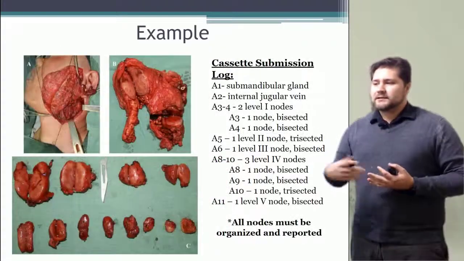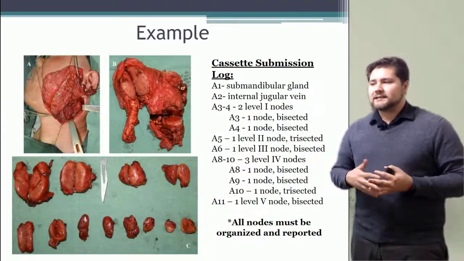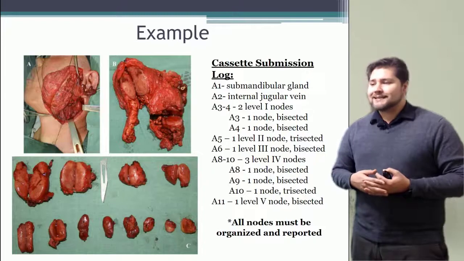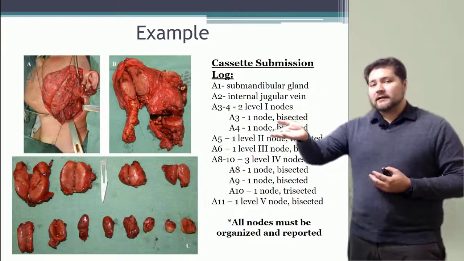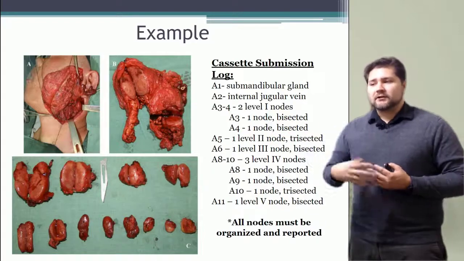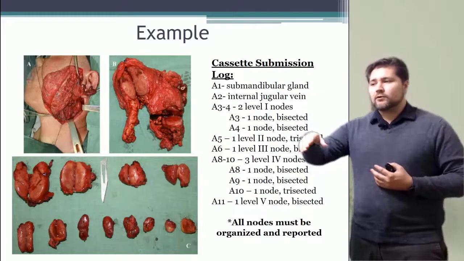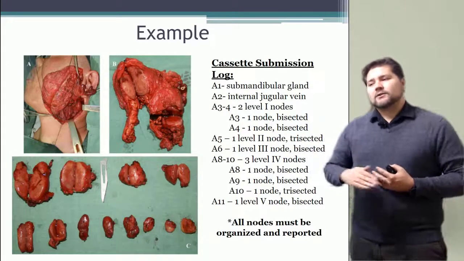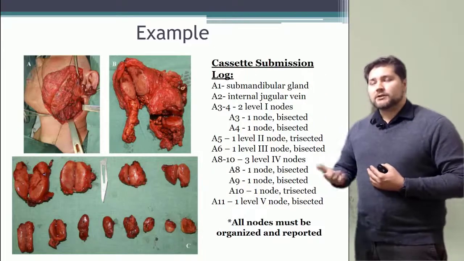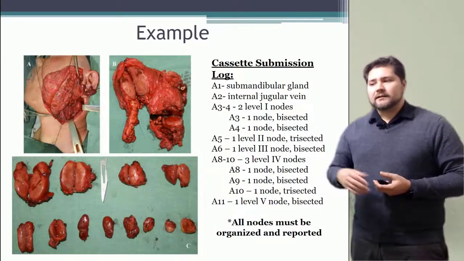So here's a nice little cassette summary, and this is how you should be organizing your lymph node dissections for these. So it looks like they got one is from level 1. 2 is just the internal jugular vein section, but then you can see how 3 and 4 is going to be level 2, A5 is level 2 bisected, A6 they indicated is level 3 bisected. So that's the structure you want to make sure you're maintaining throughout the entirety of this.